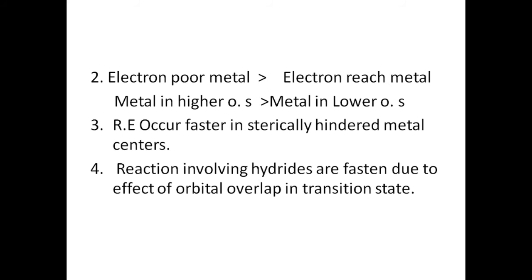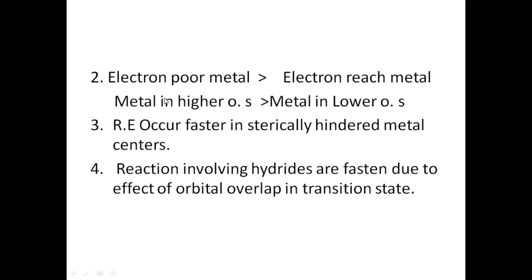When a metal is electron poor in nature, it will undergo reductive elimination faster as compared to a metal that possesses more electrons, meaning it is electron rich. Or in other words, a metal in a higher oxidation state will undergo reductive elimination faster as compared to a metal in a lower oxidation state.